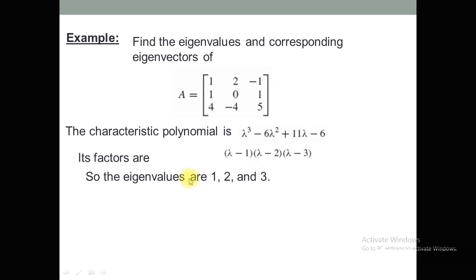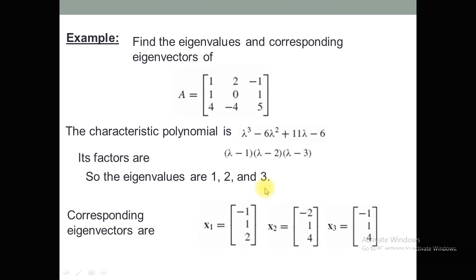So the eigenvalues are 1, 2, and 3. And the corresponding eigenvectors are x1 equals minus 1, 1, 2, x2 equals minus 2, 1, 4, x3 equals minus 1, 1, and 4. Dear students, this is actually the home task for you.